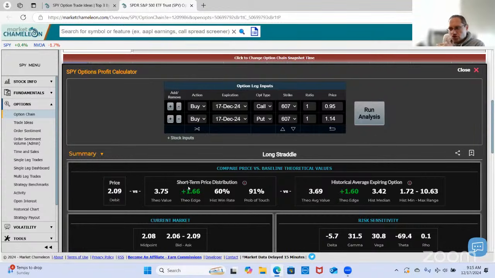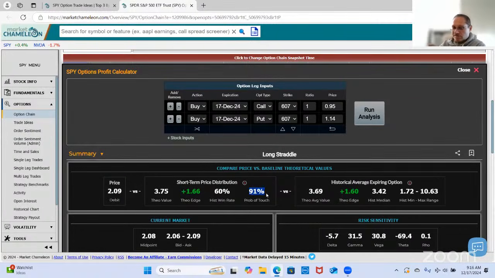So it's looking at the intraday moves, the high and low, and says at any point, if it became profitable intraday, it would be considered a win. So at some point, this would have covered the cost of that straddle, and if we use those probabilities, that's shown at 91%.